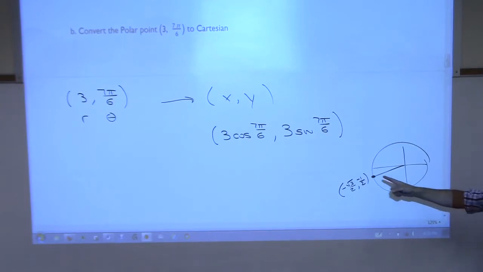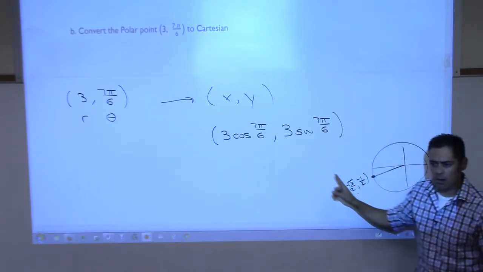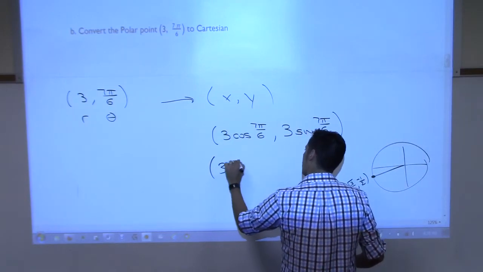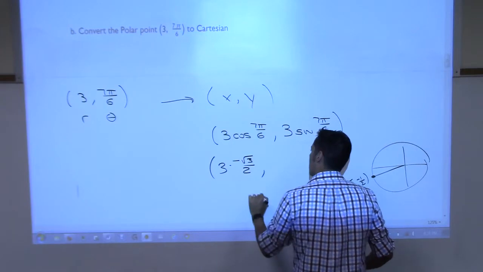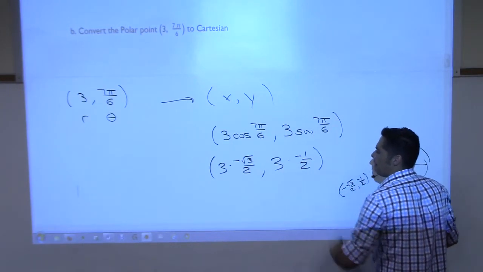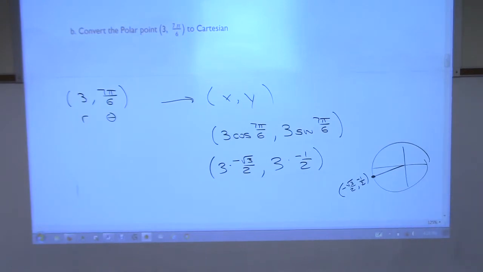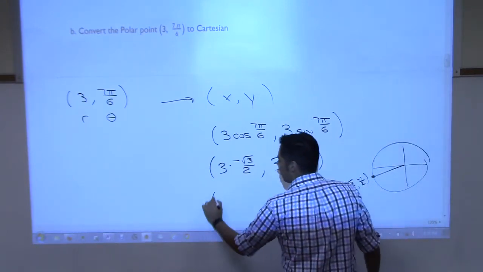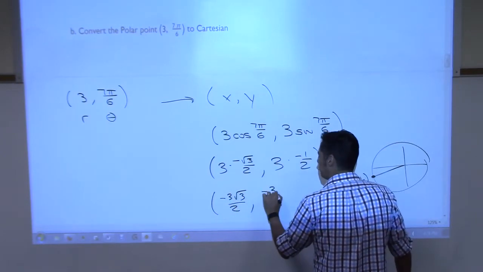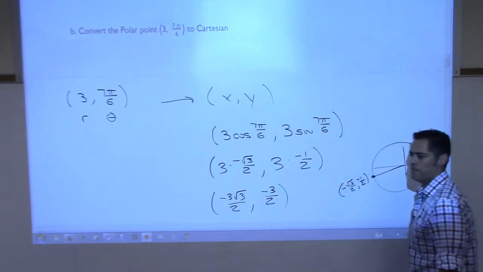So cosine is the x-coordinate off this. So we should be getting 3 times negative root 3 over 2. And then here, 3 times negative 1/2. I could go to a decimal here, but I'm going to leave it exact. There you go. That's it.